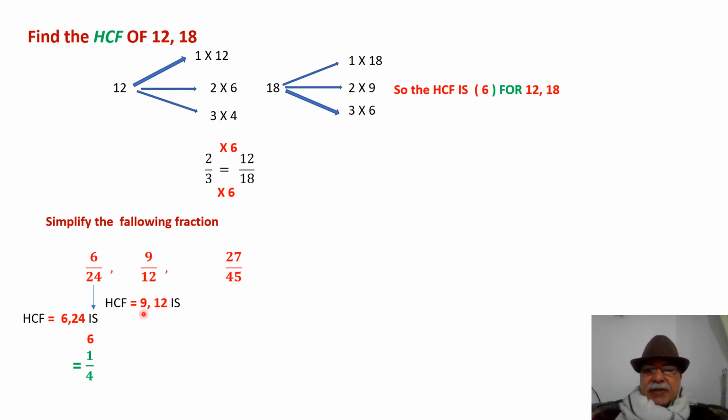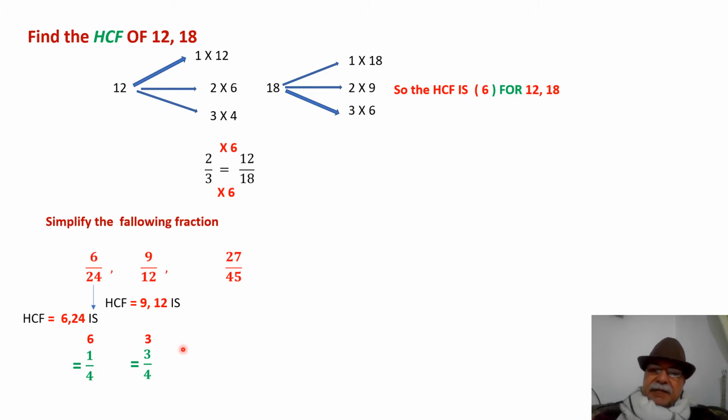Take each number separately and get the highest common factor for it, and for 12. Is it like this? See which is the common factor between these two numbers and take the highest common factor.